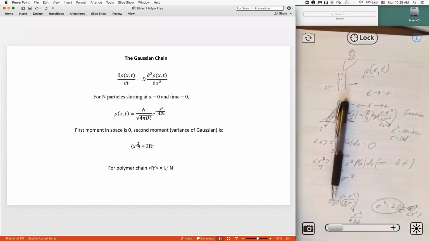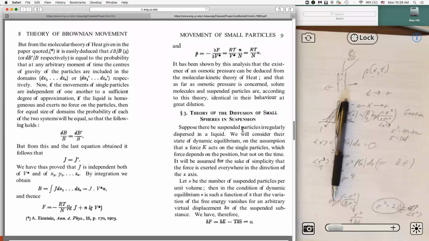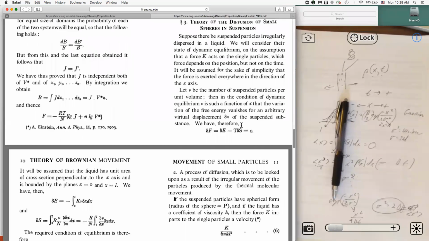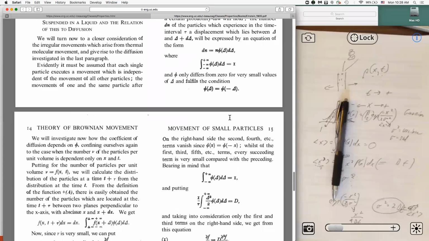So first equation, just solve Fick's law, and you find out this is going to define Brownian motion. So that's the first part of this paper. It's part A of this theory of diffusion, kind of how he gets that.